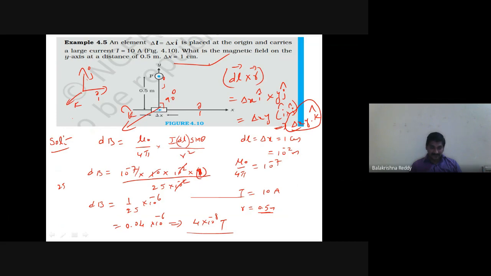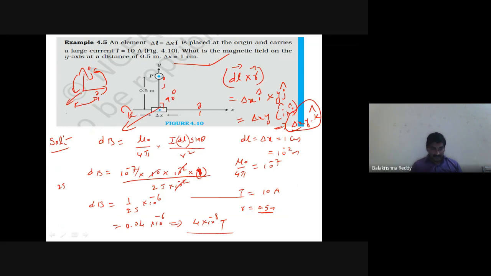So i cross j gives us always k, k cross i gives us j, and k cross j gives us minus i, the reverse direction.